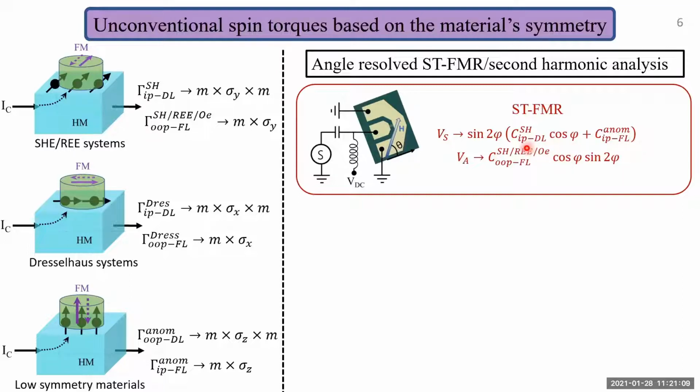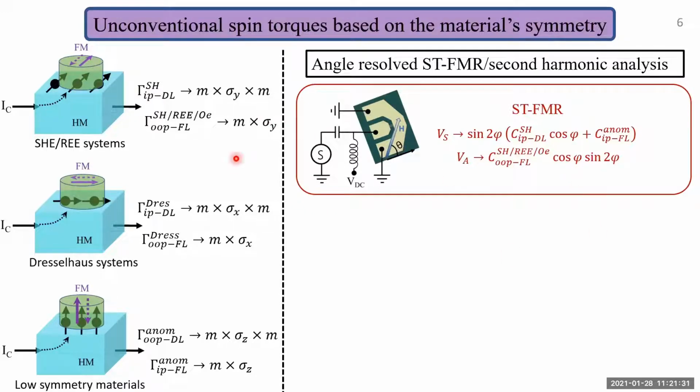This component shows damping-like torque from spin Hall effect, and this component shows the out of plane one. There is actually some mistake in this equation.